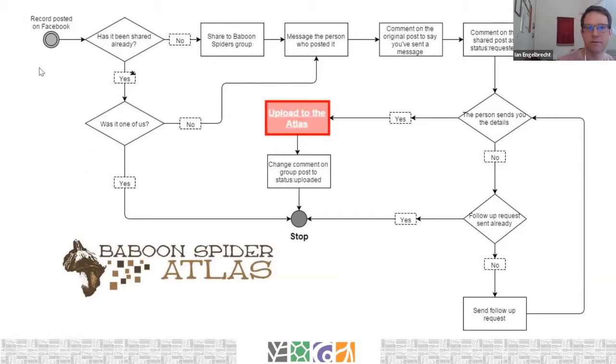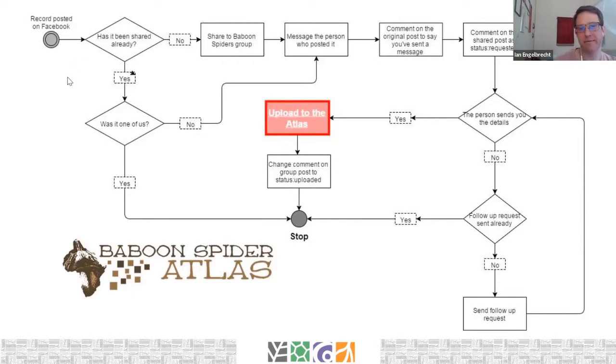This is a workflow for getting specimen records off of Facebook. I run a project called the Baboon Spider Atlas, where we are recording photographic records of baboon spiders across Southern Africa, building a distribution database. About half of our records are actually coming in from Facebook.